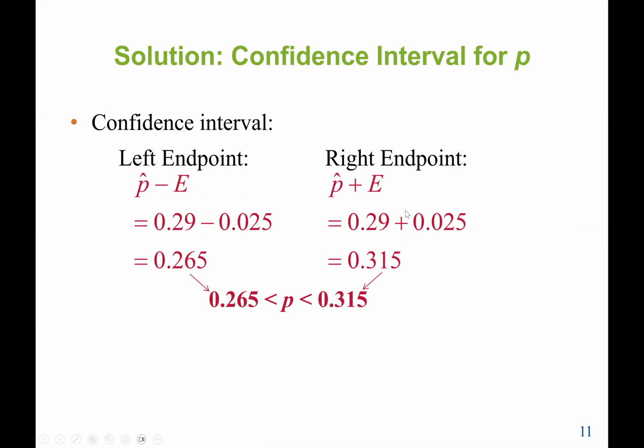Then the upper side, which is the right endpoint, will be p hat plus E, which will give us 0.29 plus 0.025. So this means our confidence interval will be 0.265 to 0.315. Or we will say that p should be greater than 0.265 and less than 0.315.